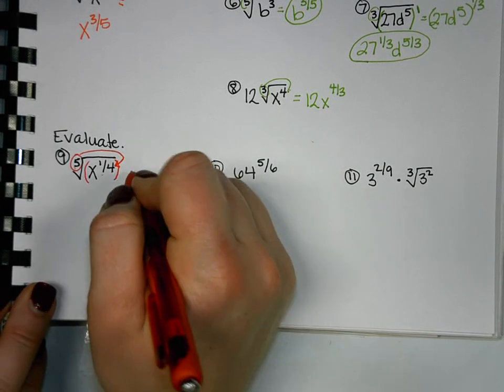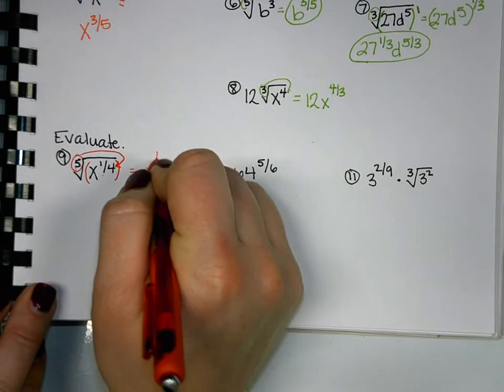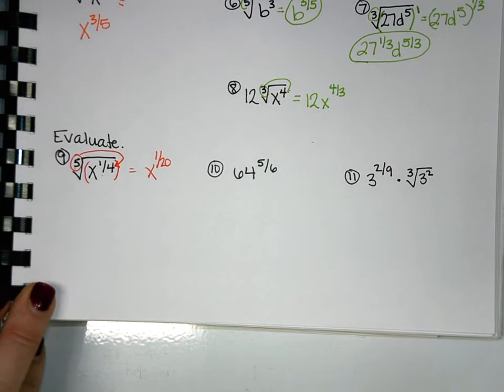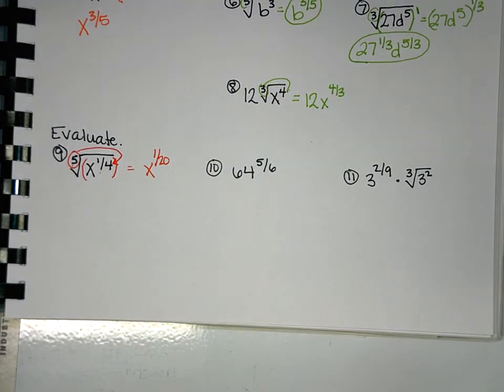So this is going to become x to the 1 over 20. And again, because it's a variable, we can't really go any further. So we would say we're done.